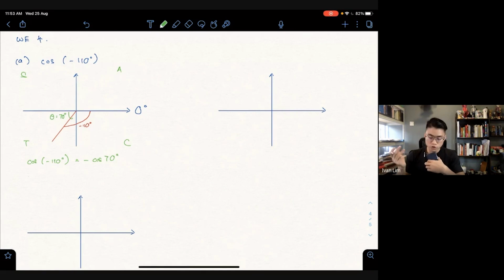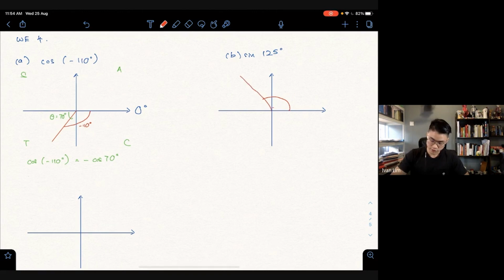Okay. Try the second one, sine 125 degrees. Sine 125 degrees will be in the second quadrant. You go until here. So it's 90 plus another 35 degrees. So this is 125 degrees. What would be my base angle or the acute angle?